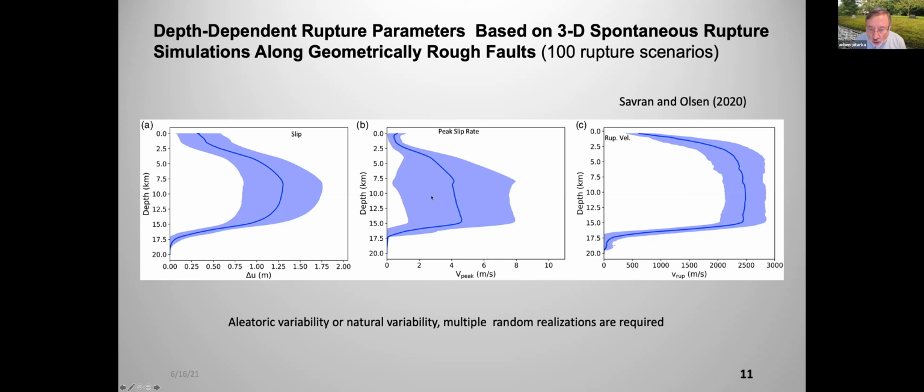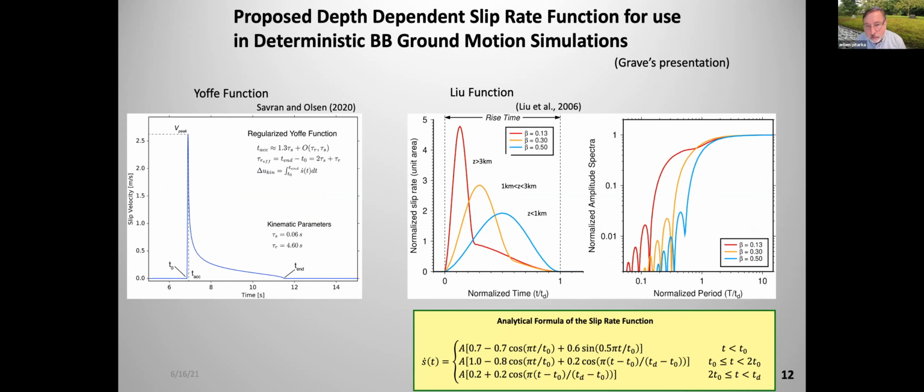But we also noticed that there is a really large peak slip rate variability among those 100 scenarios. There are certain ones that have very low values, but others that are very high. So this is something that we need to capture in our kinematic rupture models when it comes to understanding the ground motion variability within the event or between events.